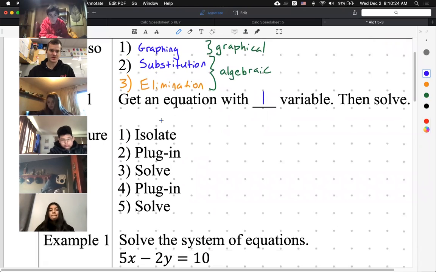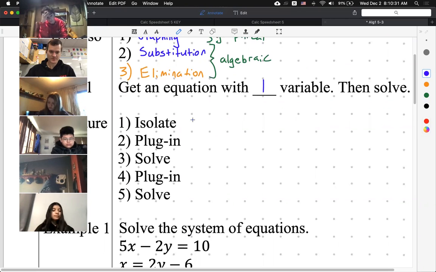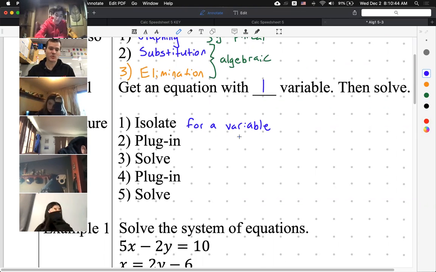All right, so here is our general procedure. If you just follow this step by step, you'll always get it correct. First, you're going to isolate for a variable. And you might ask, which variable? There are 4 to choose from. My answer is do whichever one is easiest.